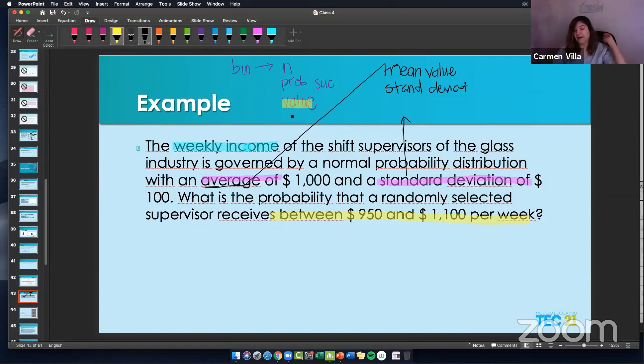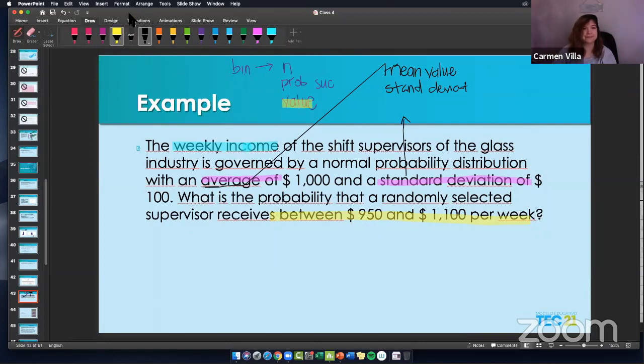And you have a probability for that success and failure. A normal distribution, what do we get? The average and the standard deviation. Exactly. So when you hear anything about average and standard deviation, normal distribution; percentage of something happening, binomial distribution.